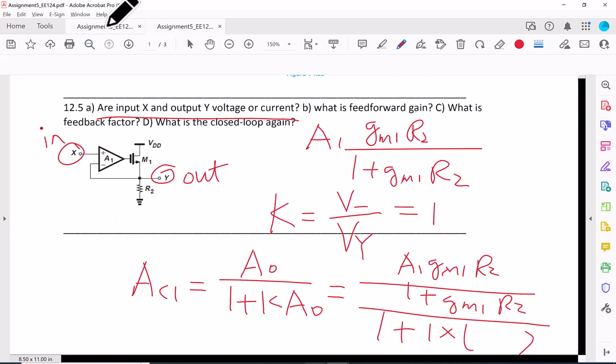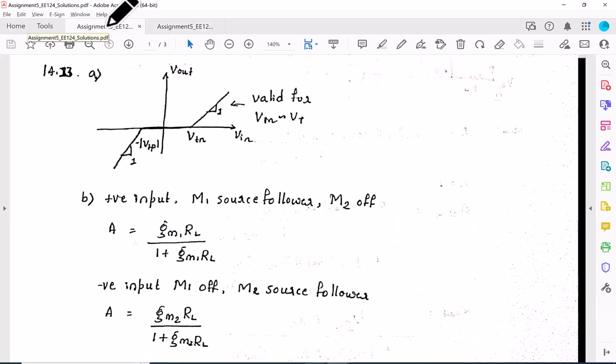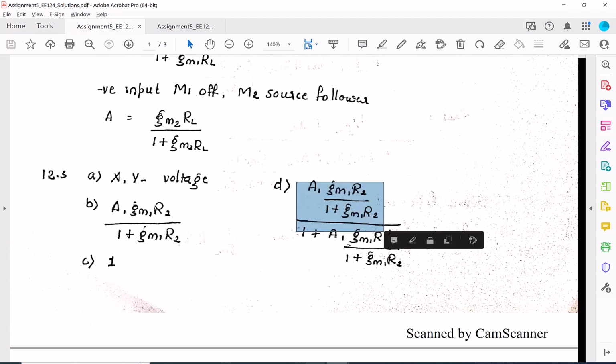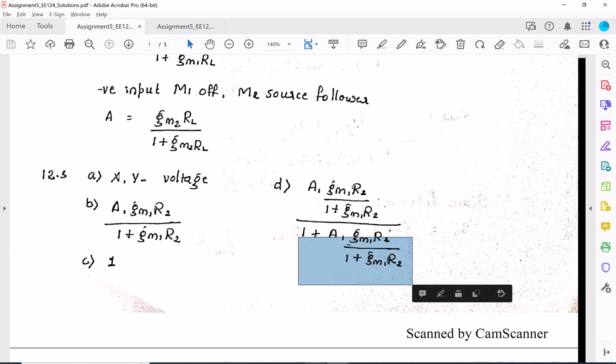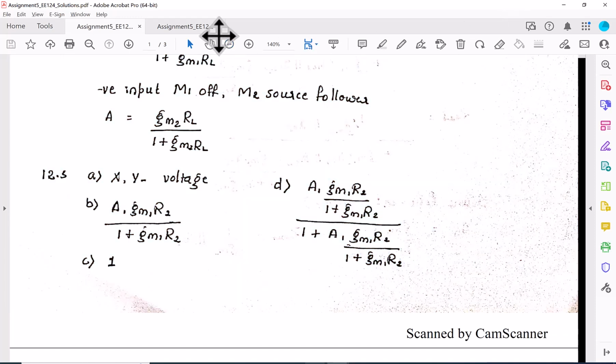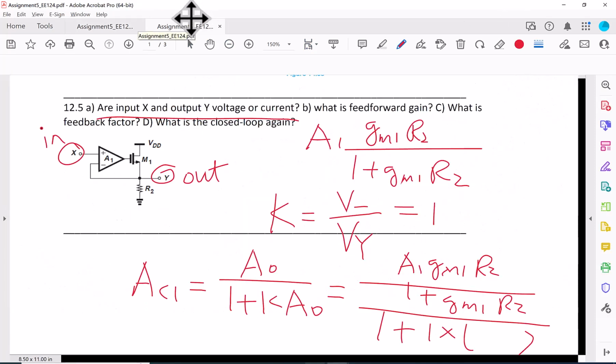Okay, let's check if that's correct. Yeah, so it is like this: all of that over 1 plus 1 times all of that. Is that okay? It is very simple, but if you're nervous or you don't have a concrete understanding, you can mess up, okay?